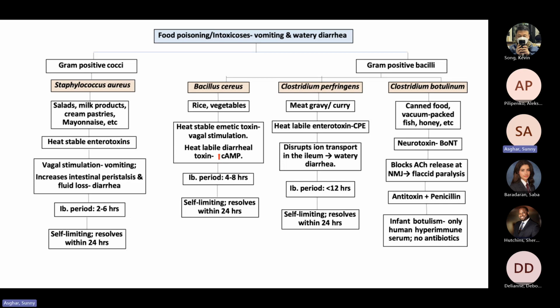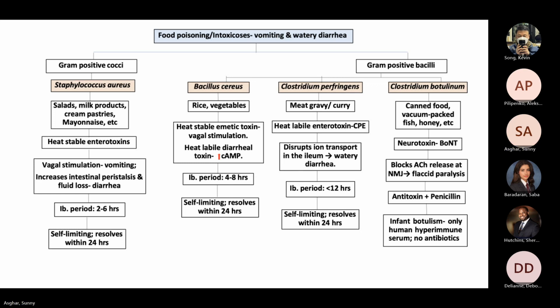It can produce a heat-stable enterotoxin, which is basically one of its virulence factors. Because of that, it can lead to symptoms like vomiting, due to vagal stimulation, and it can cause increased intestinal peristalsis. Peristalsis is basically the movement of the muscles throughout the stomach, right? It'll cause peristalsis, and that can lead to fluid loss and diarrhea.